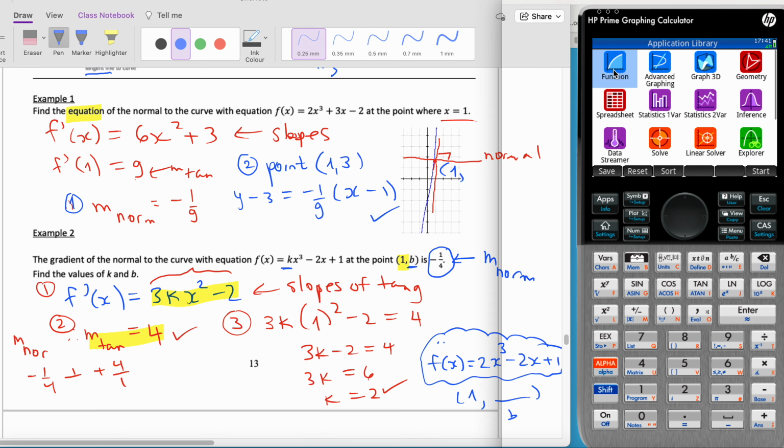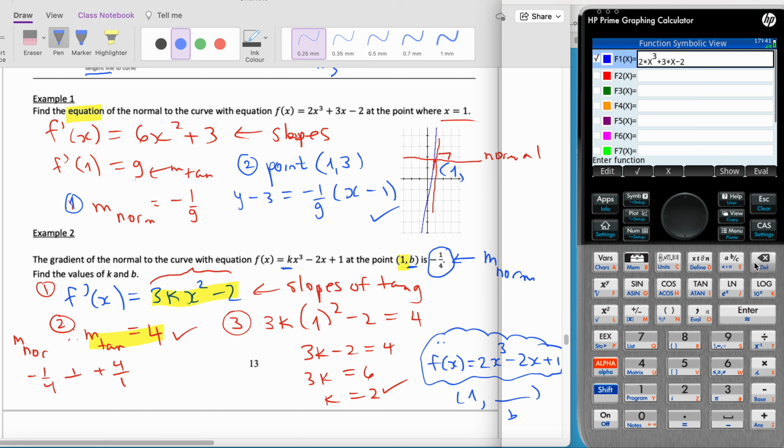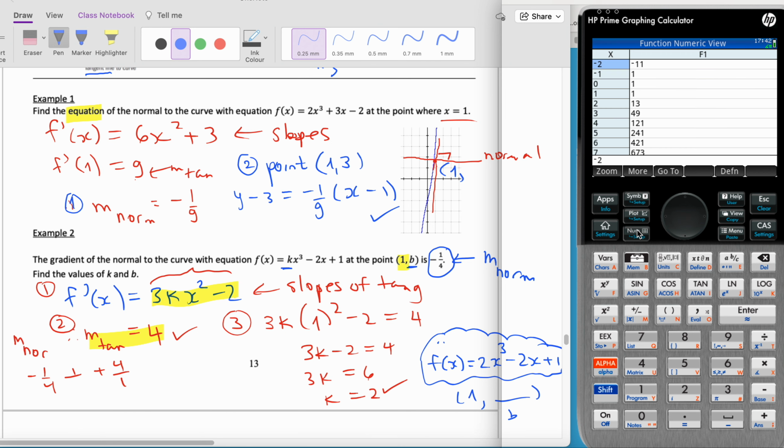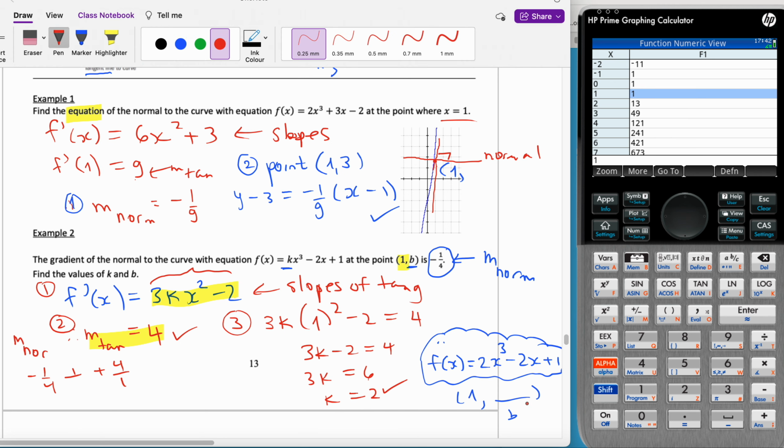This is not a drama, just graph it. Coincidentally, it's also 2x cubed, haha, 2x cubed minus 2x, and then plus 1. And then at 1, you can see that you're at 1. And so therefore, your b is 1.